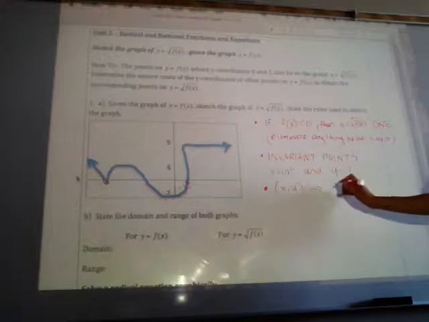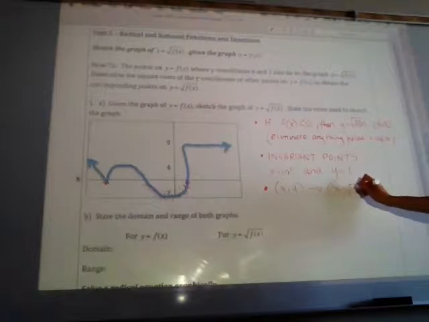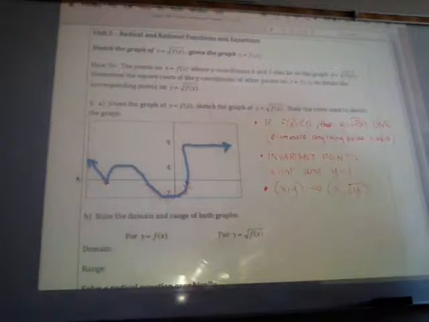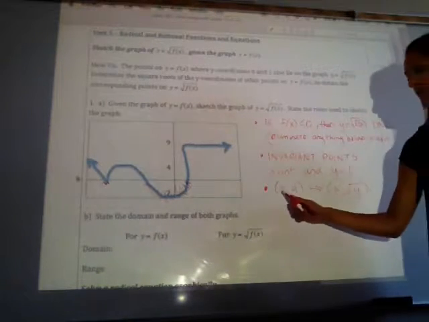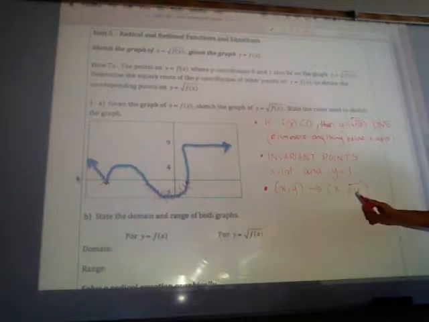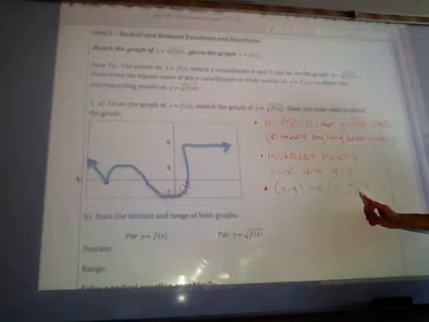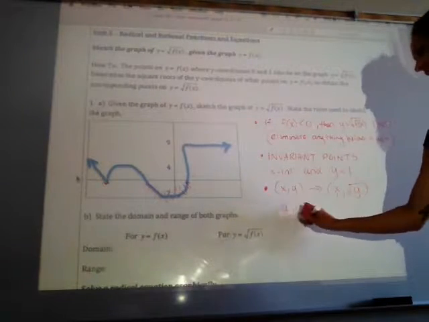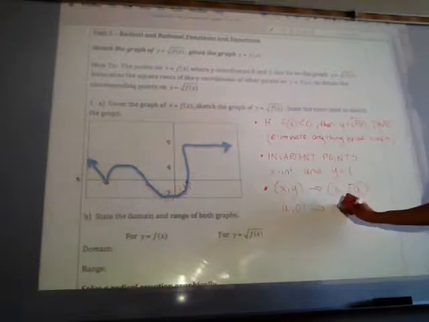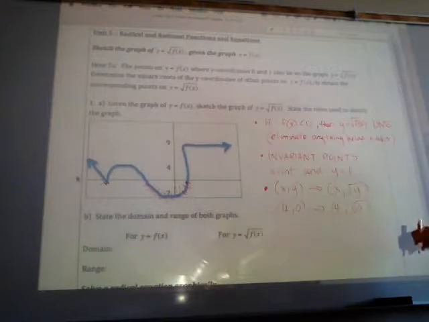All points will be mapped to x and the square root of y. So if I took, say, 4, 0, and I had to square root that 0, what's the square root of 0? 0. And x stayed the same, right? So you don't have to write this down, let's just do a couple examples.